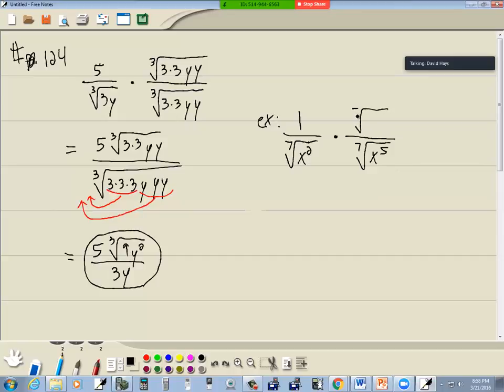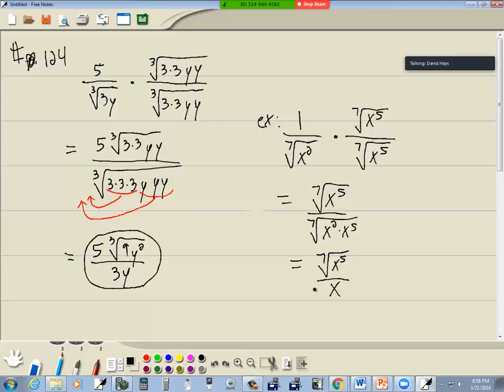And wherever you multiply by the denominator, you have to multiply by the numerator. So that's going to give us the 7th root of x to the 5th over, we got x squared times x to the 5th, which if I were to write all those out, that's 2 x's, that's 5 x's, I got 7 x's. So that's going to end up giving us just a single x down below.